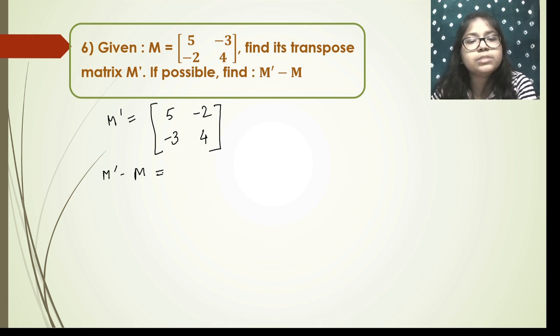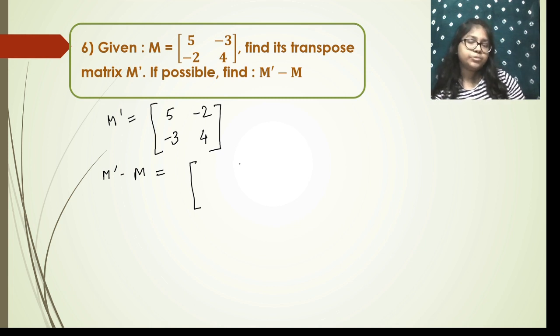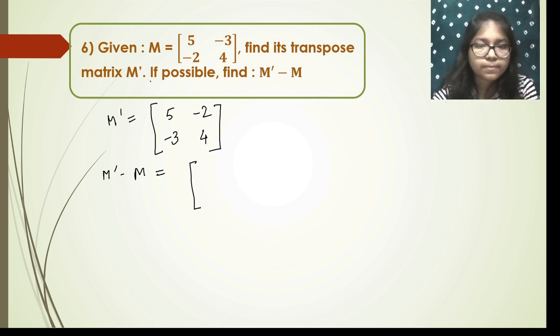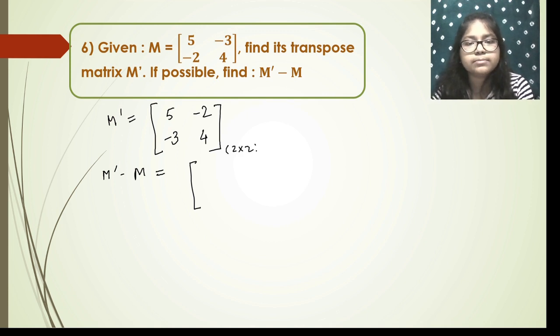Now M transpose minus M. Remember, addition and subtraction are only possible between matrices of same order. Okay. These M and M transpose are of same order, 2 by 2. I'm writing. So subtraction is possible.